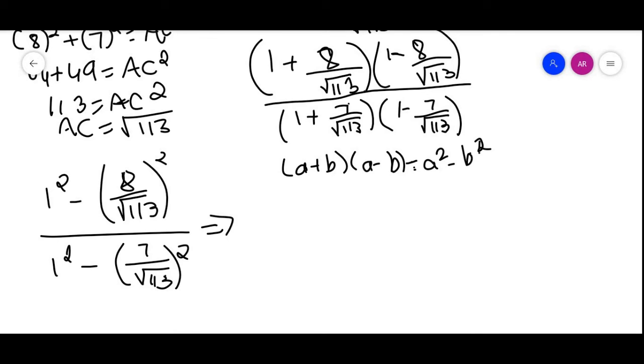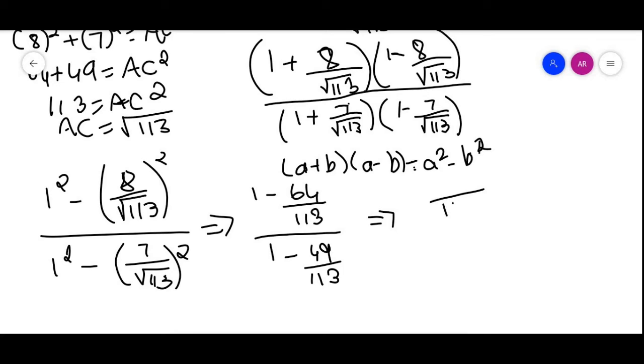So it's going to become 1 minus 8 square is 64, sorry, and root of 113 whole square is just 113 itself. And in the denominator, 1 square is 1 and 7 square is 49, and then root of 113 whole square is 113. So that is what we have to do. And then in the next step, let's actually take the LCM both on numerator and the denominator.